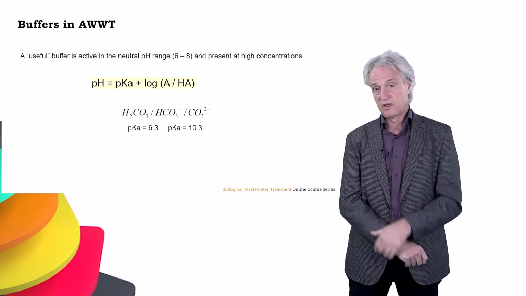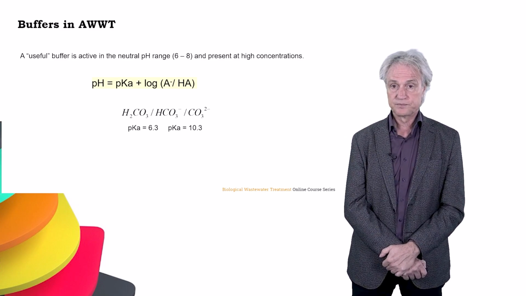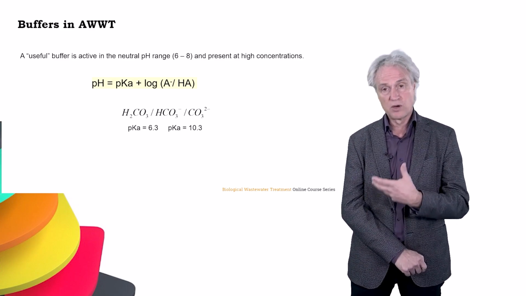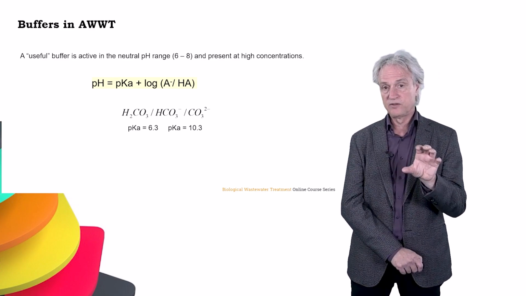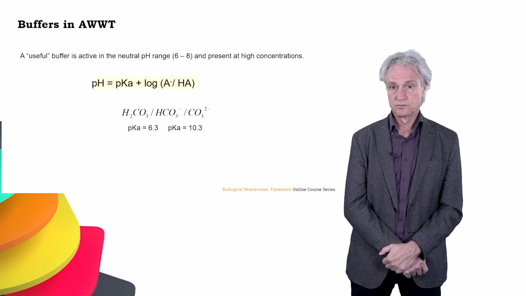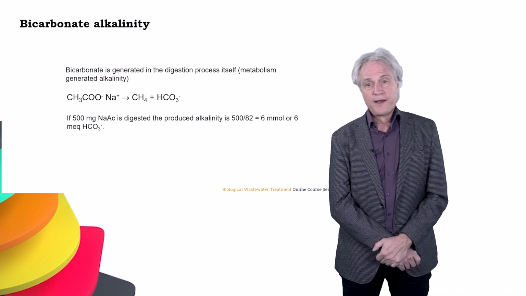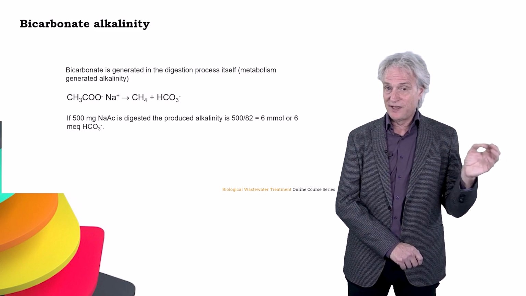The bicarbonate carbonic acid buffer has a pKa value of 6.3. And then there's a further dissociation, which is way higher, but for our anaerobic system, the first part is most important: bicarbonate and carbonic acid. But I just mentioned that acetate splits to methane and bicarbonate.